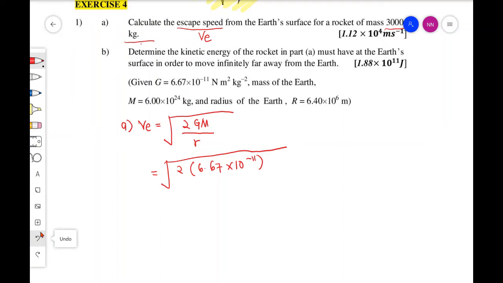Okay, it is 6 times 10 to the power of 24. And then over r. So it is on Earth's surface, so r here is the radius of Earth. Okay, it is 6.4 times 10 to the power of 6.